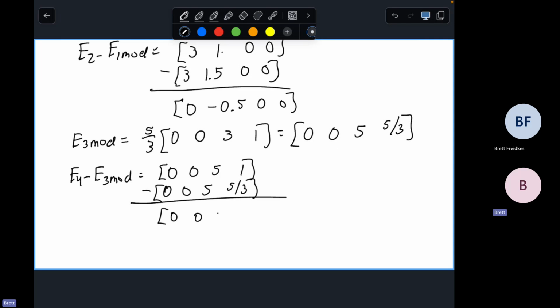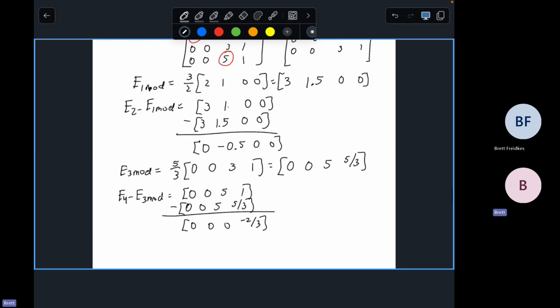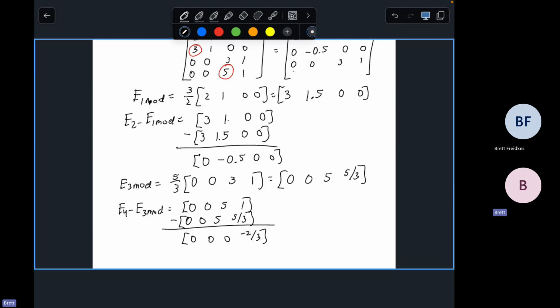We have a 0, 0, 0, 1 minus 5 thirds is negative 2 thirds. That would be the final row in our matrix. Is that okay?